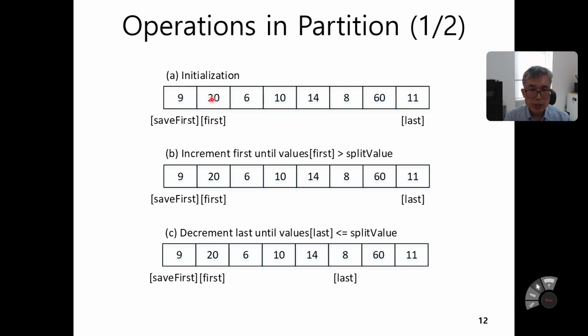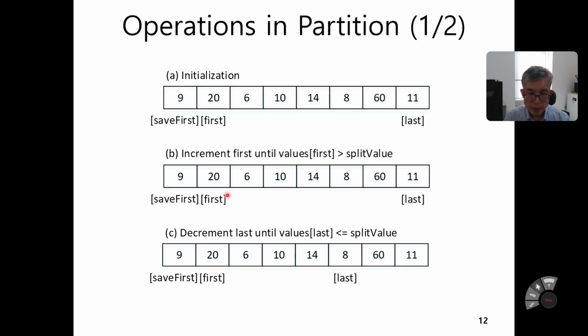So initialize with this input array. The first one is the pivot value, the split value. Its index is saved, and then the second one is first and this last one is last. And then the idea is we increase the first index until the first value is greater than the split value.